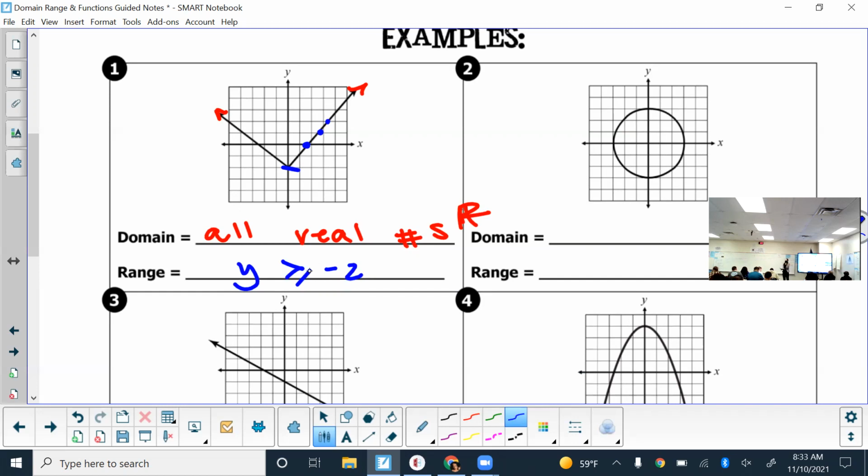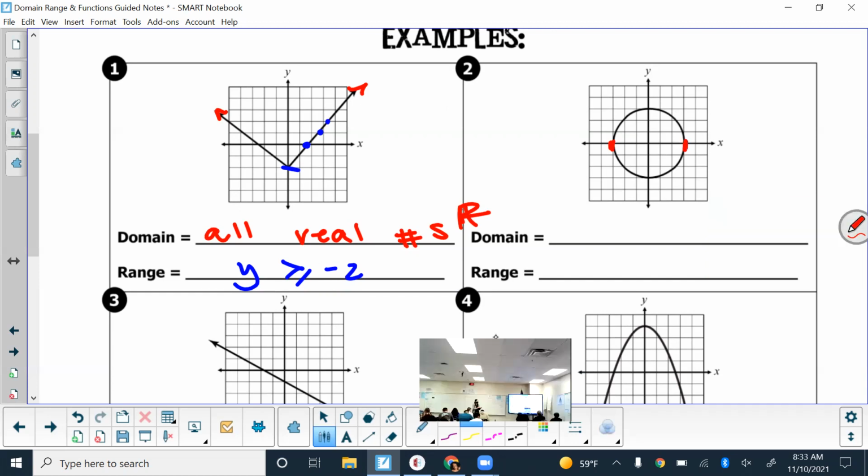Now look at number 2. Scan from left to right on the x-axis. Are there boundaries going from left to right? Yes, I actually have 2 boundaries. Since I have 2 boundaries, that means I need to make this a compound inequality, so I need to have 2 of these symbols.